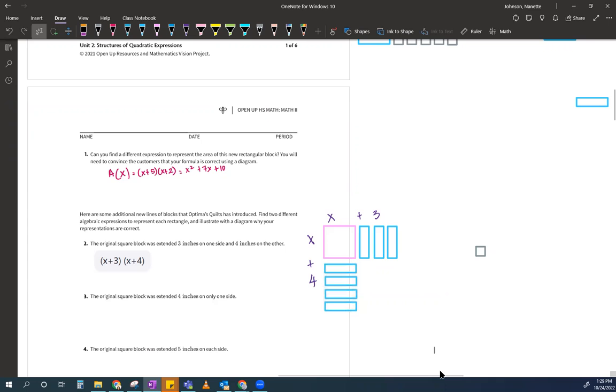Good. So does everyone see my x plus 3 and x plus 4? Then I'm going to ask, how many are going to go right here? How many of these little gray guys am I going to fit in here? Very good, 12 of them.